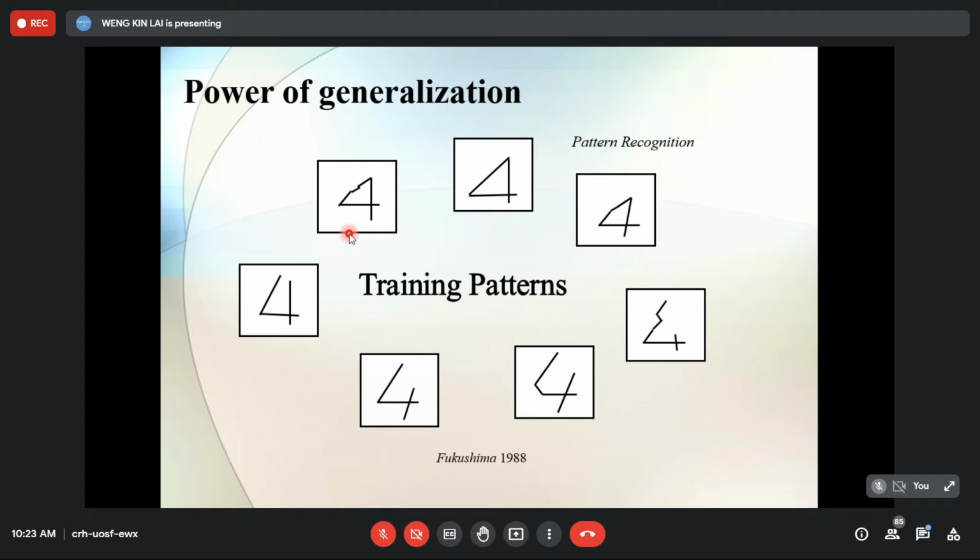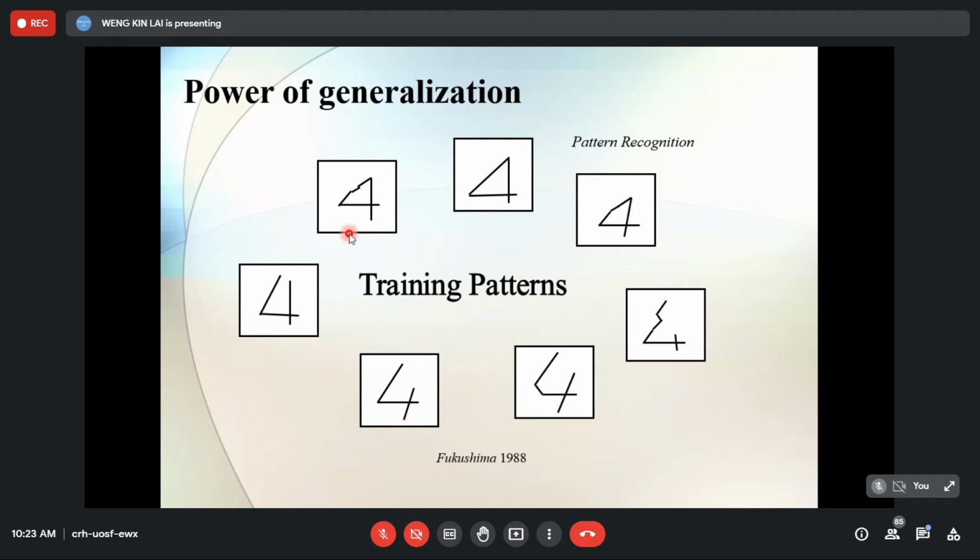So your network is trained to recognize apples and oranges, even though I can show you different types of apples. As long as you give me an apple, maybe the red is not purely red, a mixture of red and green, or maybe red and yellow, my network can still recognize correctly that this is an apple.